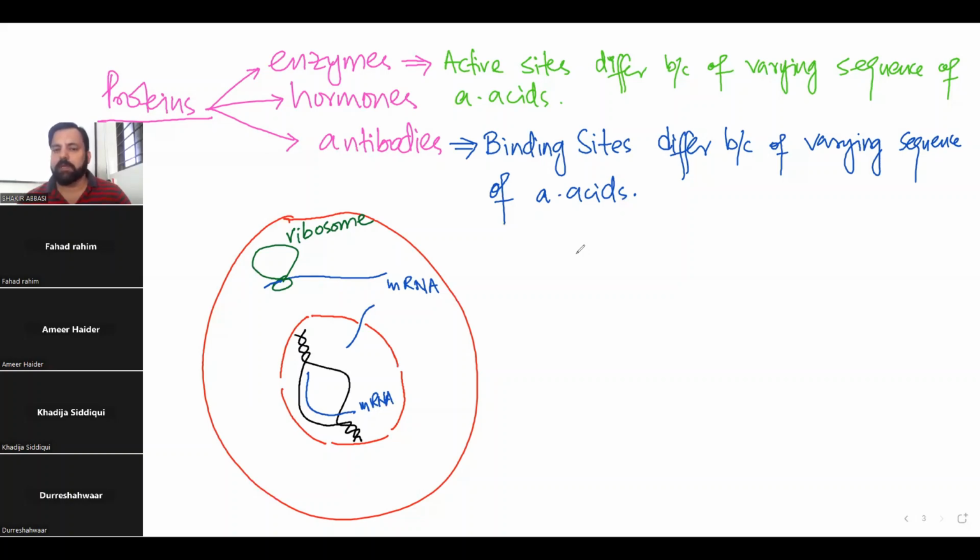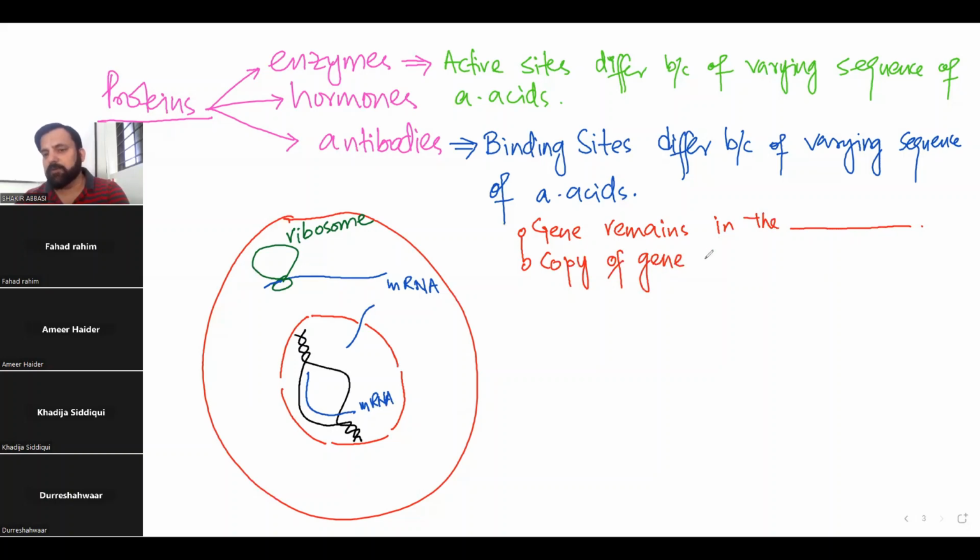Now fill this in. How does a gene show itself? Gene remains in the dash. DNA. Good. A copy of the gene, do not write DNA, called dash comes out. mRNA.